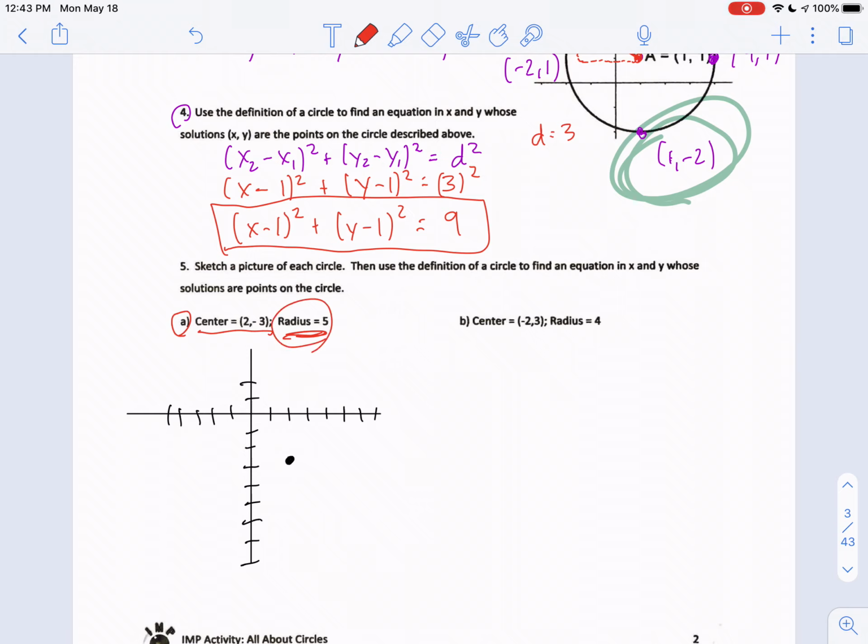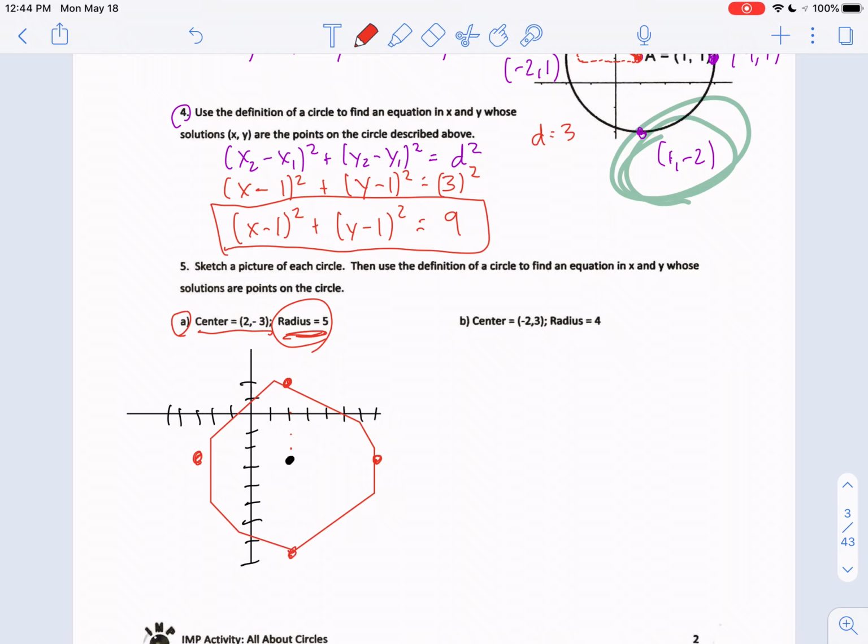So let's just do the easy points. 1, 2, 3, 4, 5 right here. To the right, let's go 5. Down 5, right here. Left 5. Boom. Okay, let's see if I can do a perfect circle. Oh, that was so awful.